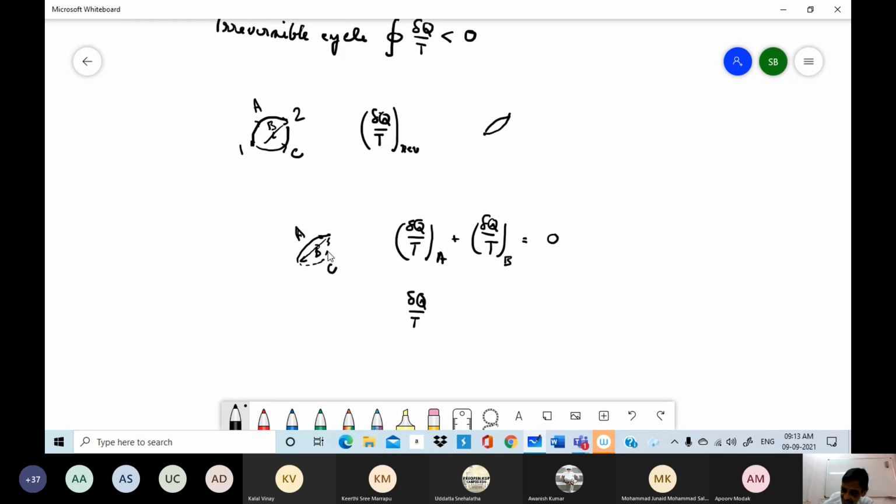So then for the path going along C and returning along B, I have, now this cycle is irreversible because the path C is irreversible.